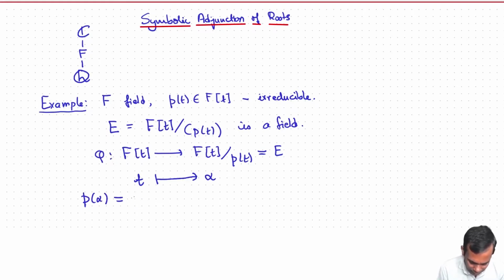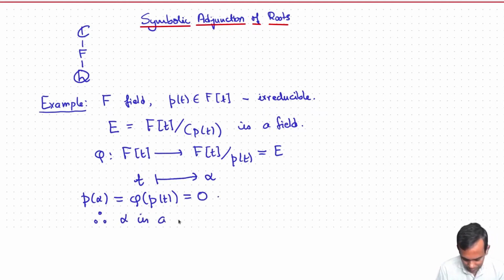It's the image of p(t), and that must be 0 since p(t) goes to 0 under the map phi. Therefore, alpha is a root of p(t).